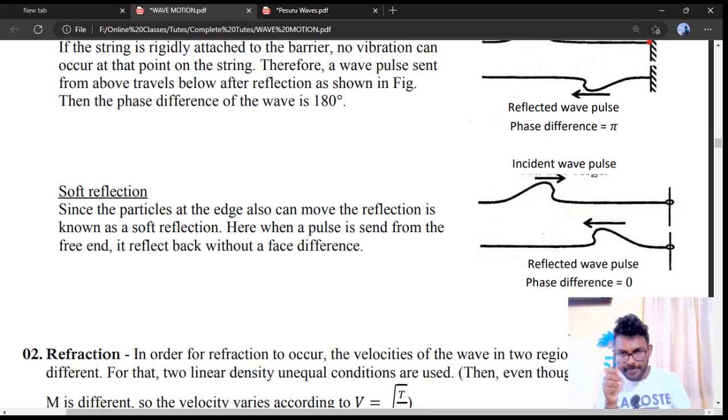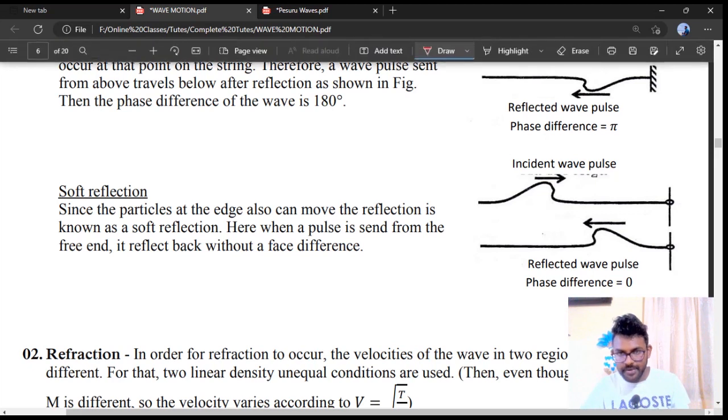So in that case it will be a soft point here. It's not rigidly connected, it can also go up and down along the attachment. It could be a wire or a pole that the ring has been placed on.